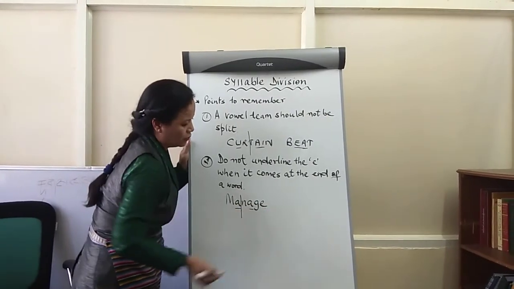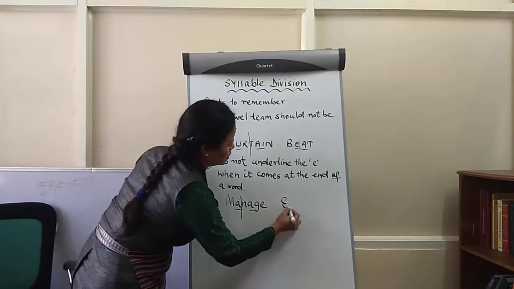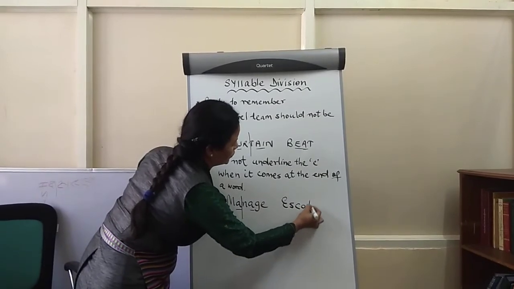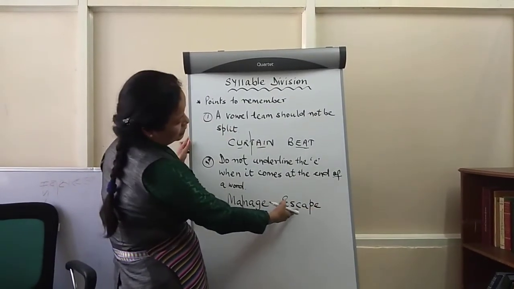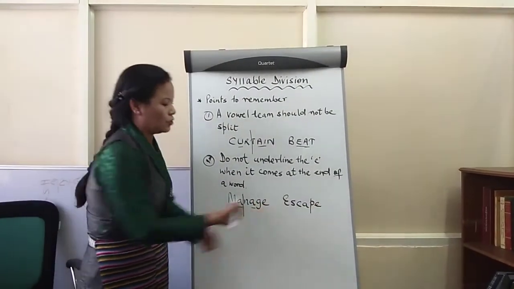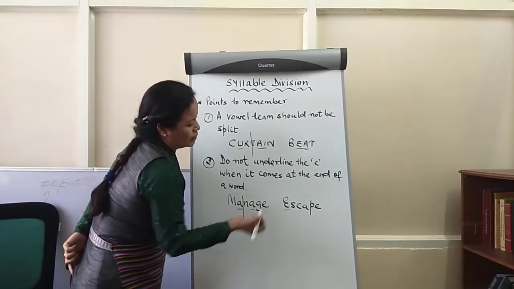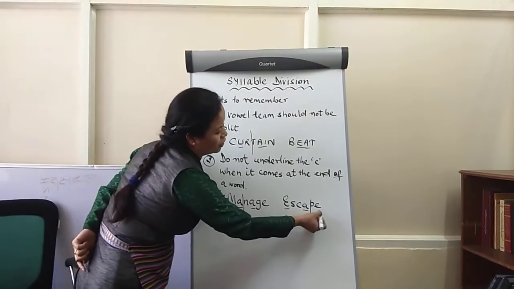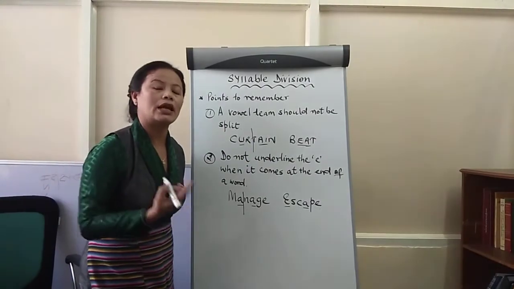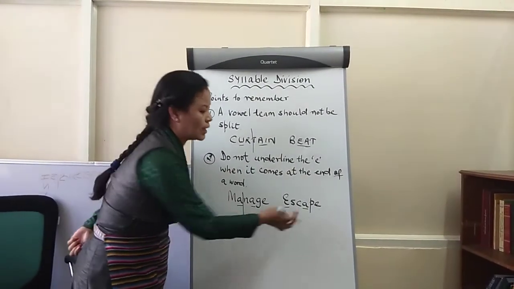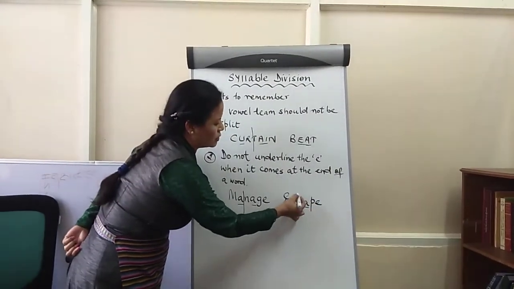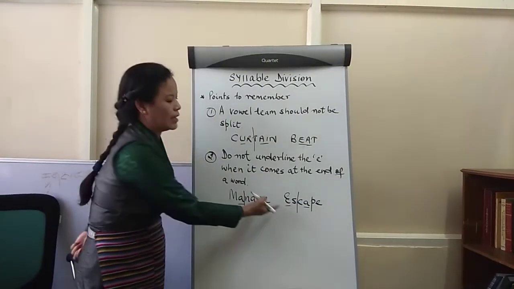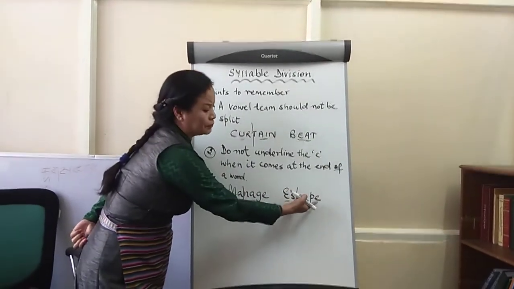In the same way, we have the word escape. We underline this sound, but we will not underline E since it is at the end of the word and it is silent. So it's a two syllable word, escape.